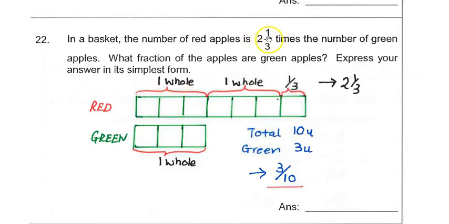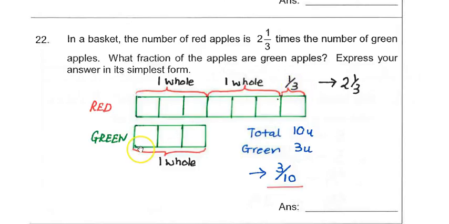Now this is 2 1/3. So red is 2 1/3 times of green apples. So you have 1 whole, 2 whole, and 1/3. So this is 2 whole and 1/3. Every one whole is divided into 3 parts because of this denominator 3 over here.